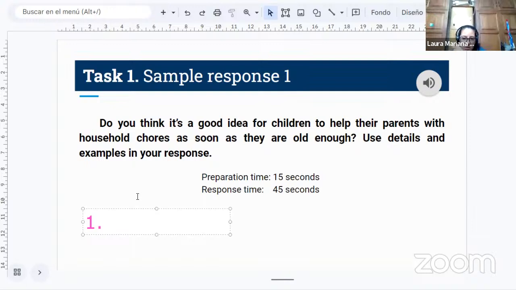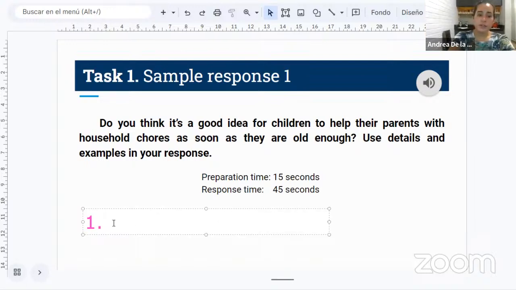We agree that it's a good idea for children to help their parents with household chores. Exactly. So the first way to answer this question will be to say, yes, I think it's a good idea.